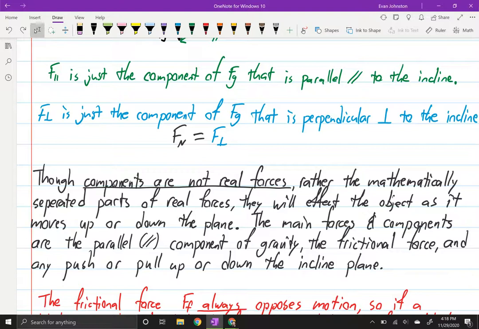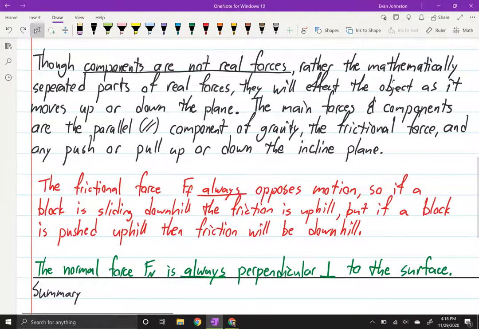And for us, the main forces and components are the parallel component of gravity, the frictional force, any pushes or pulls up and down the incline, and then the normal force, which is related to friction. And then, as a final reminder, the frictional force always opposes motion. So if a box is sliding downhill, friction is uphill.